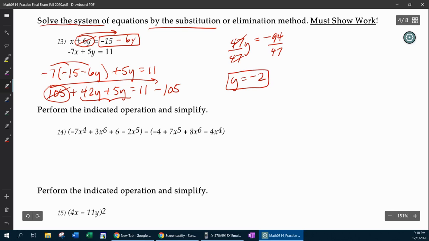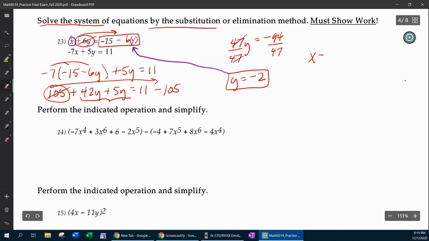Now remember, when you solve a system, what you're finding is the ordered pair that represents the intersection of the two lines. So we have y, now we need x. And that's going to be super easy because all I have to do is take this value for y, substitute it in here, and that will find x.